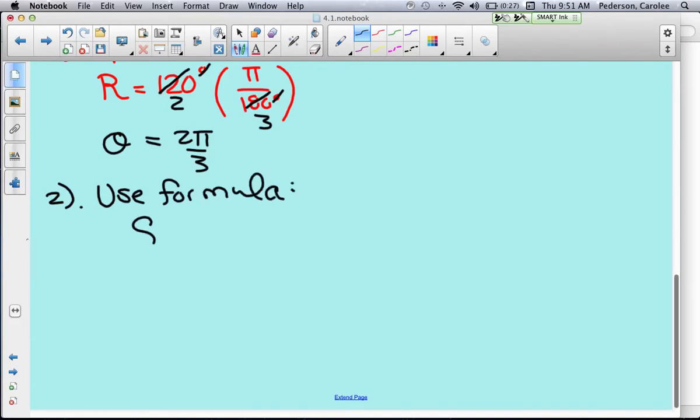So S equals R times theta. So what's our R? 5, yep, 5 centimeters. And what's our theta? 2 pi over 3. And let's get this into decimal form. So you're going to need to use your calculator.